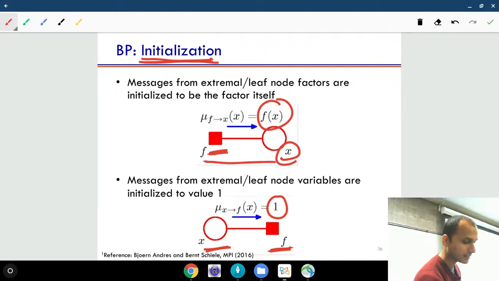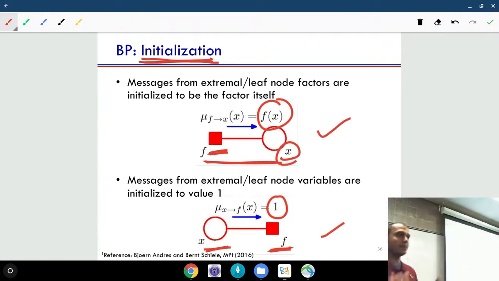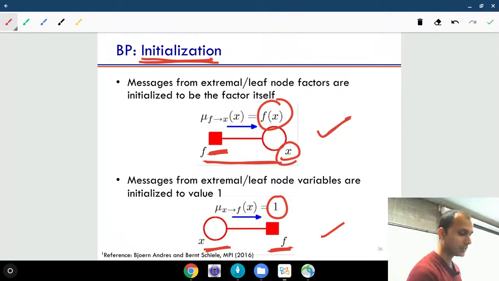For example, if the graph has a part where f is dangling and only connected to one variable, then it doesn't have an incoming message, so it just passes on its local function, the factor function, to the variable. In that case, the variable has just one factor connected to it and has to pass a message to that factor. It will just pass all ones. If the variable is 4-dimensional, then it's going to be a 4-dimensional vector with ones in each coordinate. Those are the initial messages.